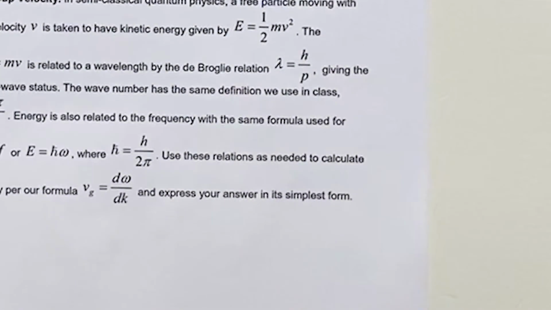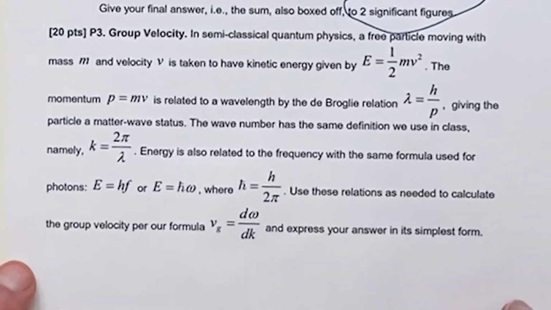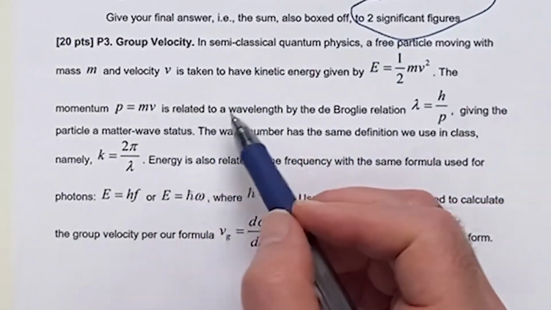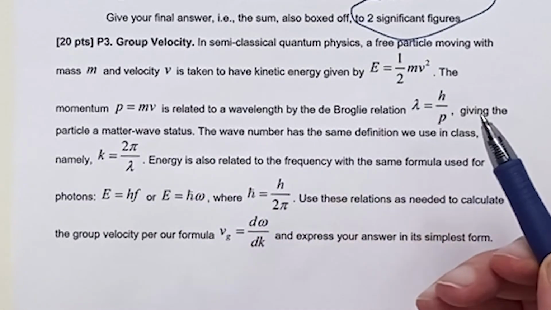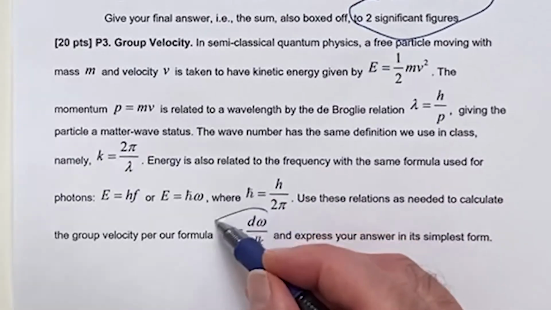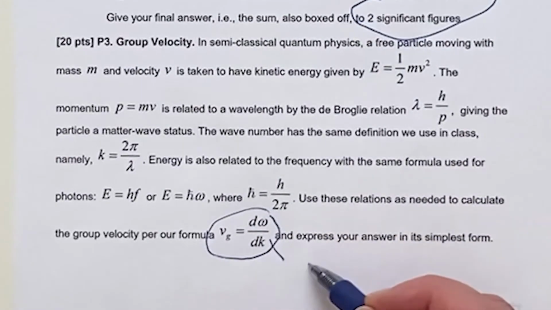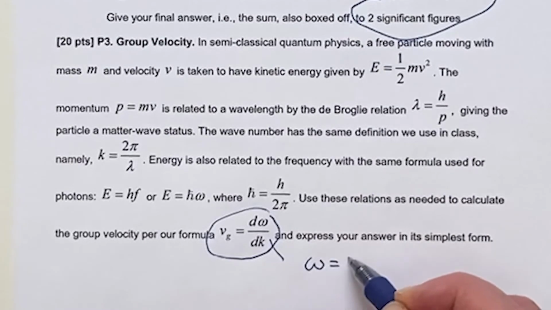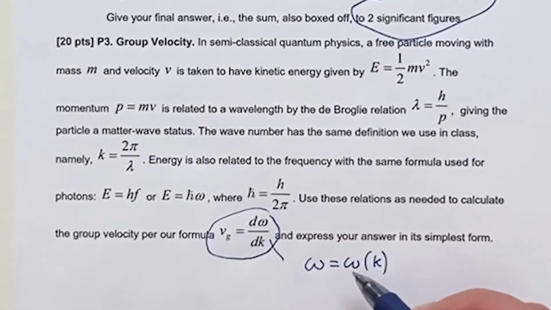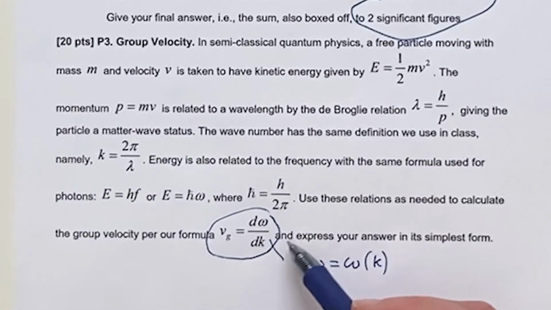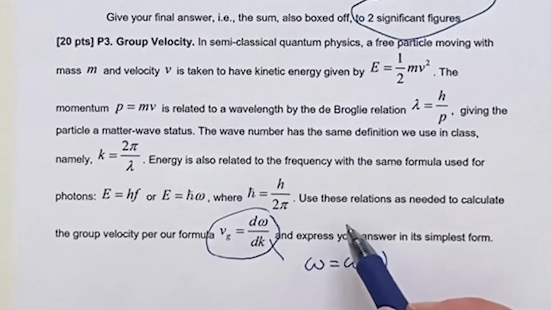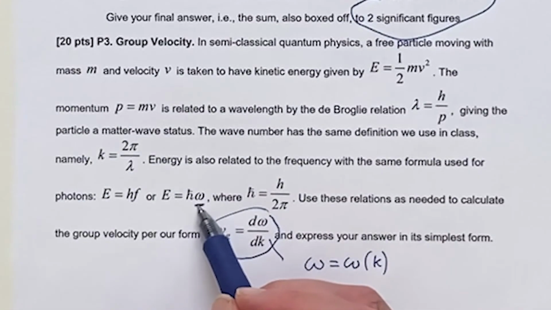Then the last problem here is a group velocity problem. It wants me to find the group velocity, and here it actually tells me what the group velocity formula is. That was nice. So I need to find omega as a function of k. So I go looking for, where is omega? Here's an omega.